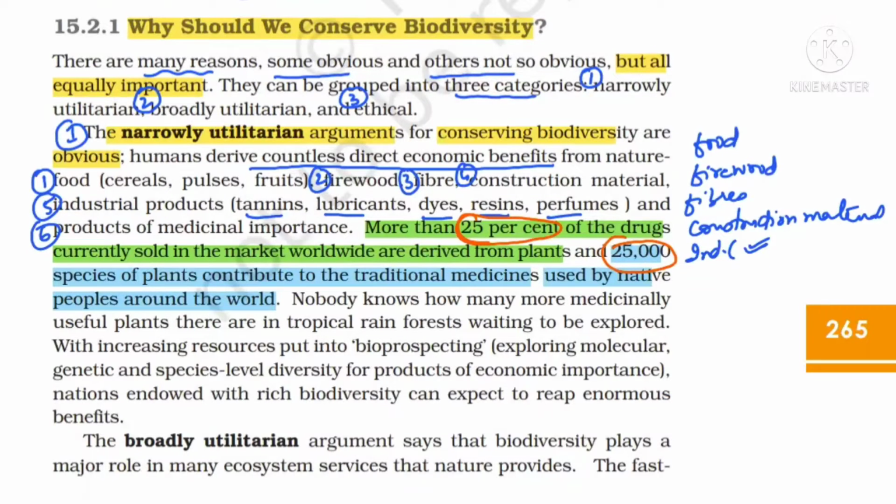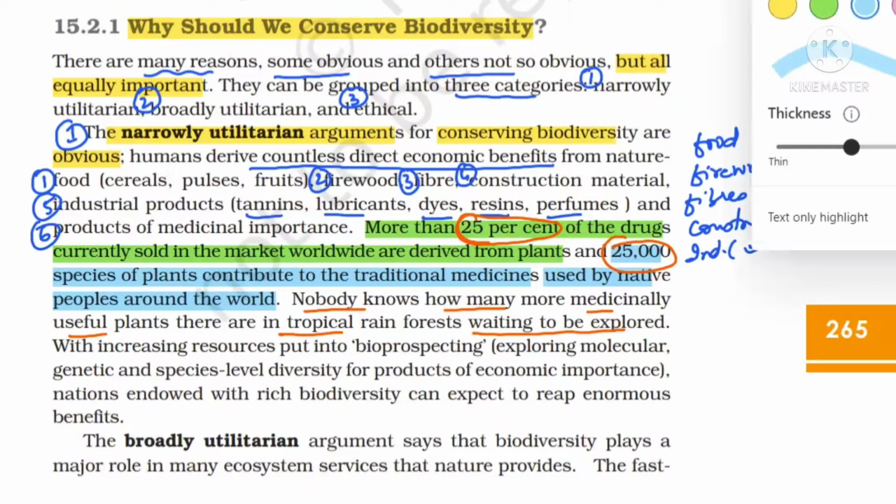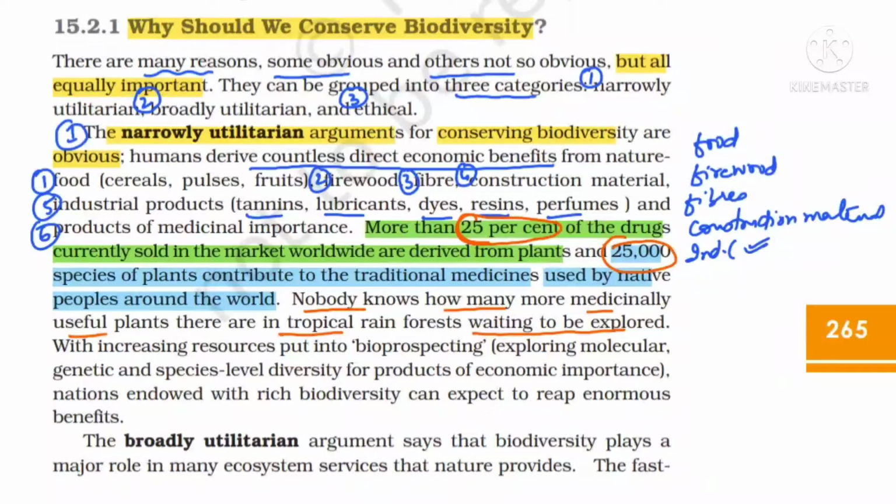So up till here, clear? Now see, we don't know how many more medicinally useful plants are there in the tropical rainforest which are waiting to be explored. So now what we are doing is bioprospecting. Now what is bioprospecting? Please try to understand.